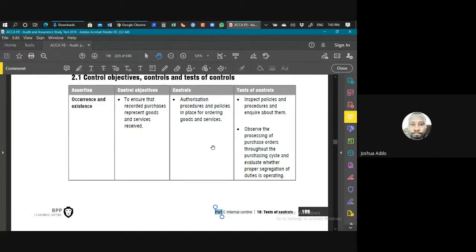At this level, maybe a junior person can exercise his discretion and carry out a transaction. Above a certain amount, it has to be this person. The same thing applies to ordering and purchasing goods. There has to be a senior person who authorizes the purchase of goods, and that senior person will be in the purchases department.